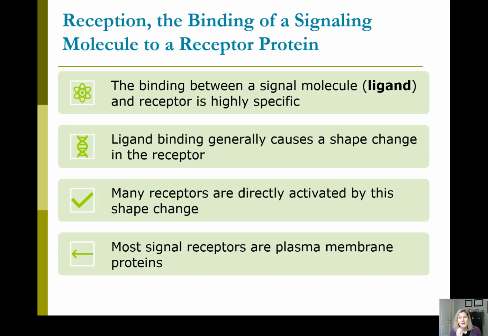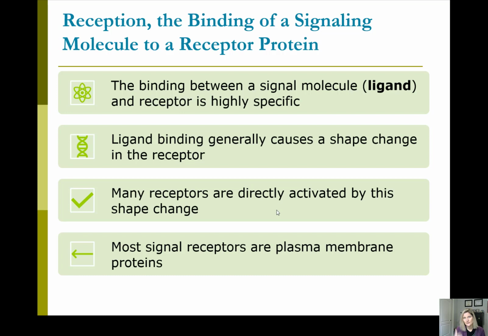And what generally happens is that ligand is going to trigger a change in the shape of the receptor. So that shape can cause a change in the plasma membrane in that protein. So many receptors are activated by that change of shape.